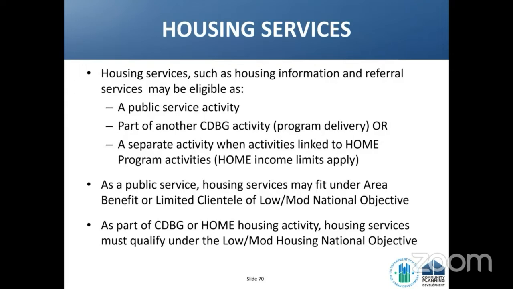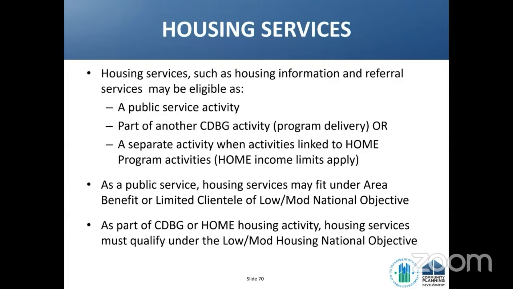Also, we talked about public services. Naturally, they have to meet a national objective, but particularly if they can meet area benefit or limited clientele, they may be eligible. And like I said, they can also be part of a CDBG or HOME housing activity. For HOME, you have tenant-based rental assistance and other things that are not eligible under CDBG. I can't repeat this enough.